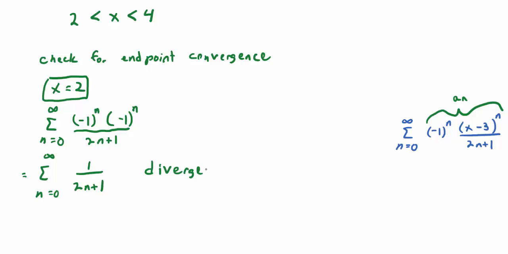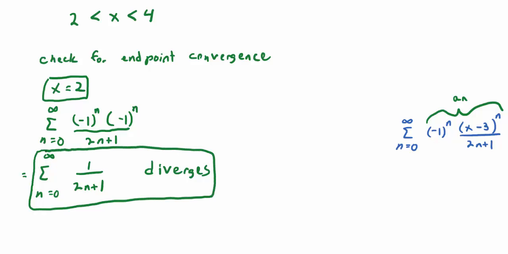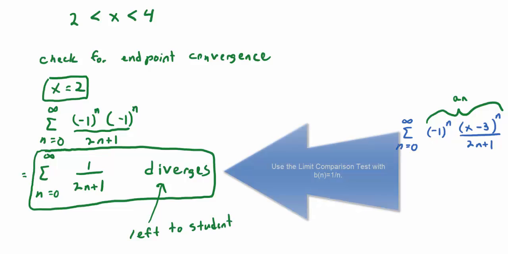This series diverges. How could you show that it diverges? I'm going to leave that conclusion to you. It's a pretty standard comparison deal, okay? But it does diverge. So if x equals 2, we don't get convergence.